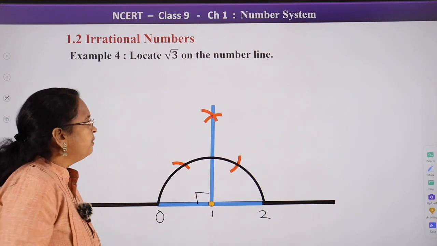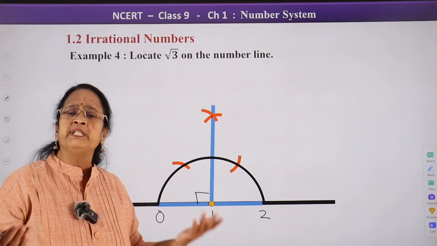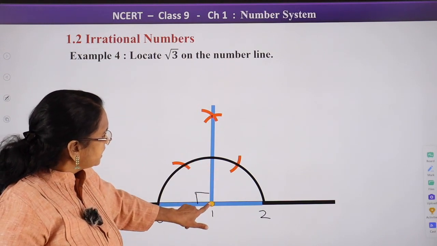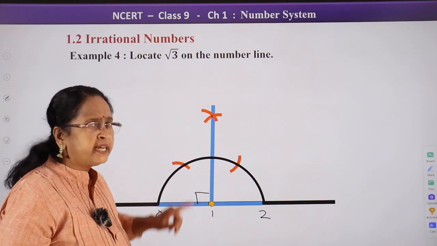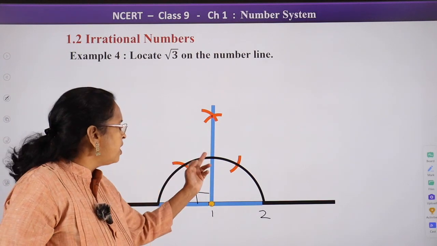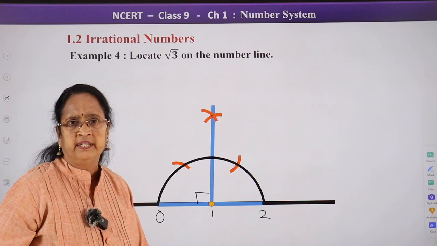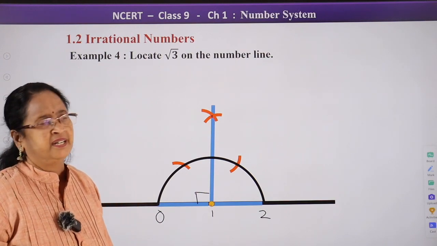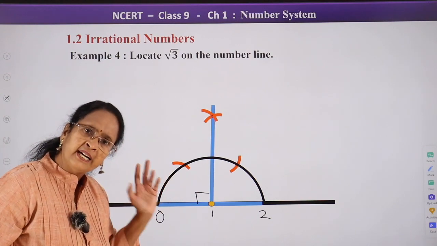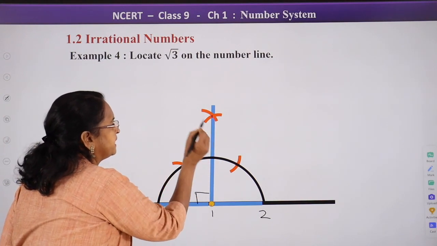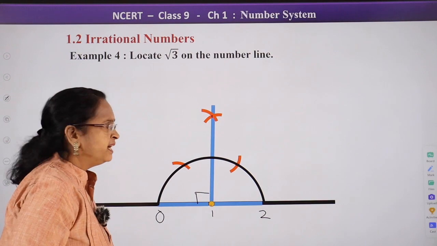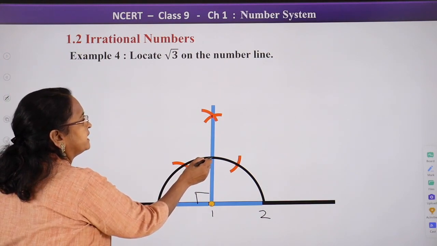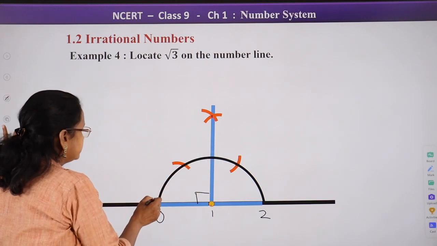Now, because I have already taken 1 centimeter as radius, I need not cut an arc of 1 centimeter on this 90 degree line. It is already 1 centimeter because I have taken the radius as 1 centimeter. So the arc is already cut. This is the point. Now we will join this point to 0.